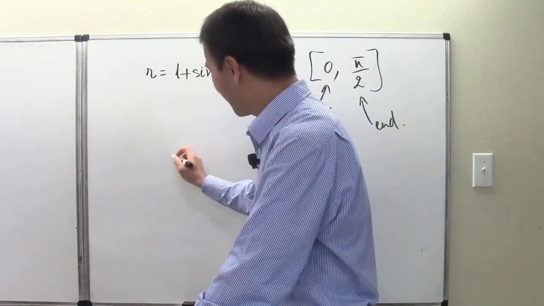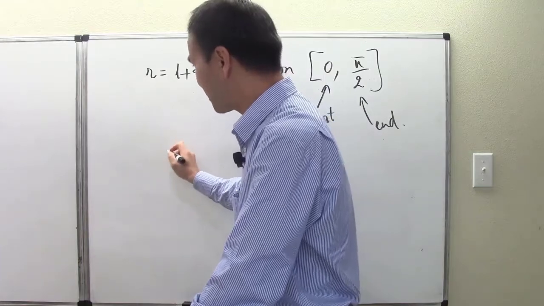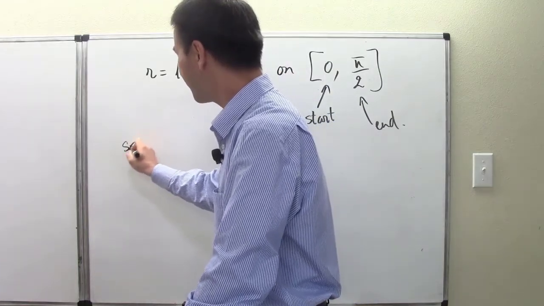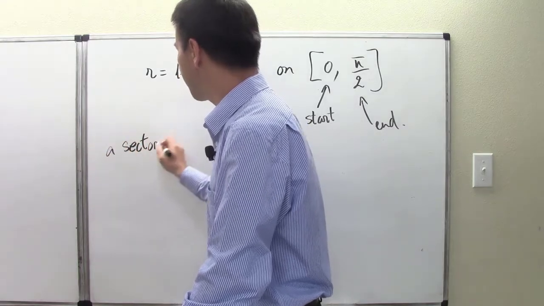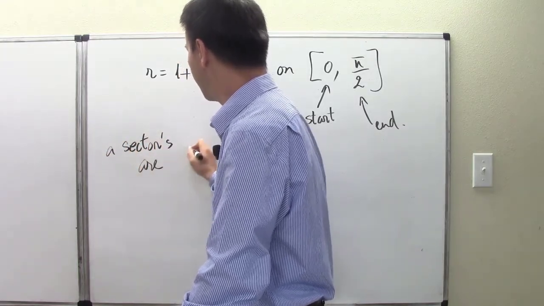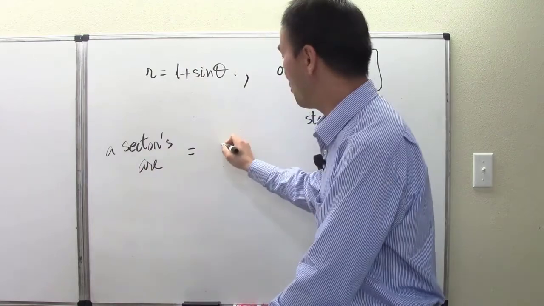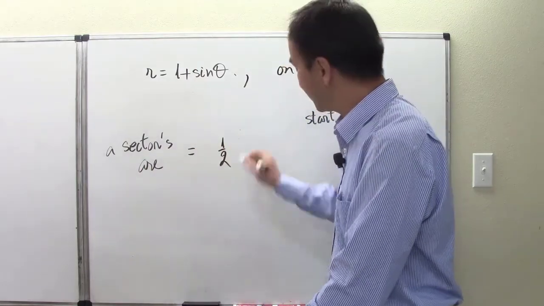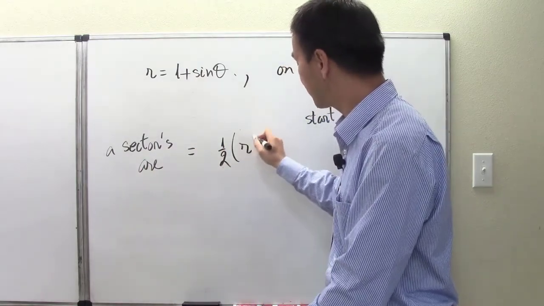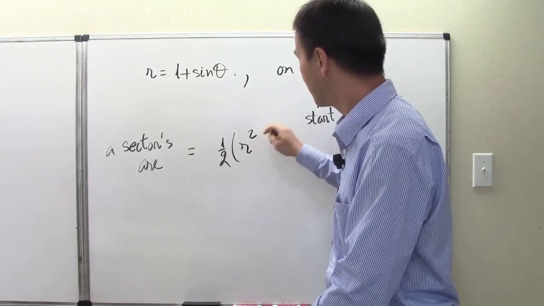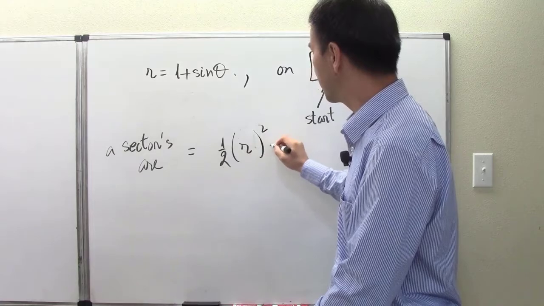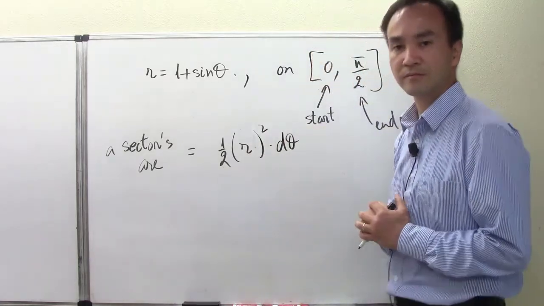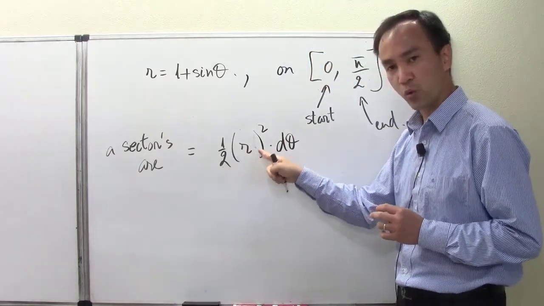So each little sector's area is going to be 1/2 times the radius squared times the changing angle.